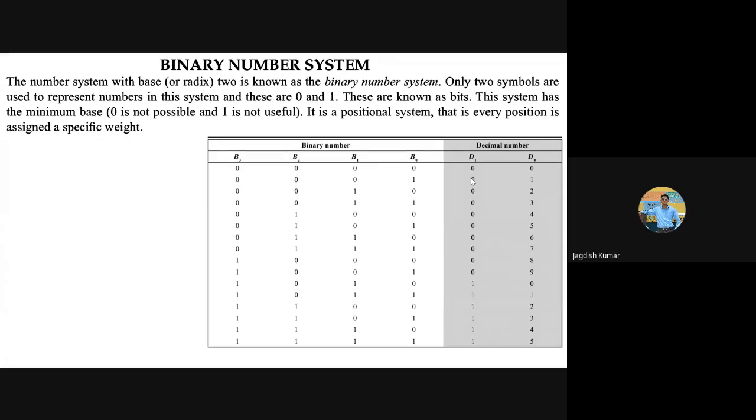Let's not get into negatives. So we start from 0, then we go to 1, 2, 3, 4, 5, 6, 7, 8, 9. Up to 9, we can survive with a single digit, right? Even if we don't write this D1 value, that doesn't make any difference. Up to the first 10 numbers in the decimal number system can be written with a single digit.